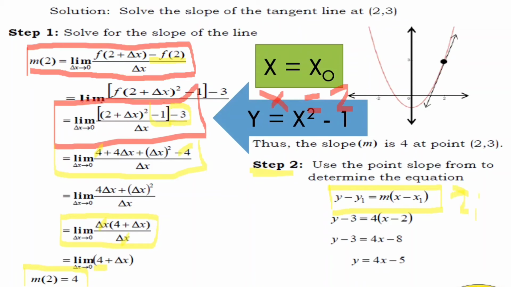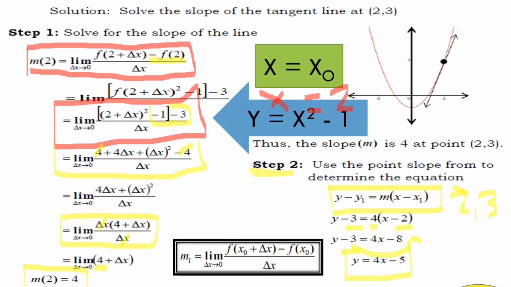Remember, our slope is 4 and the ordered pair is (2, 3), so x sub 1 is 2 and y sub 1 is 3. After we substitute, we simplify. The derived equation of the tangent line is y = 4x - 5.